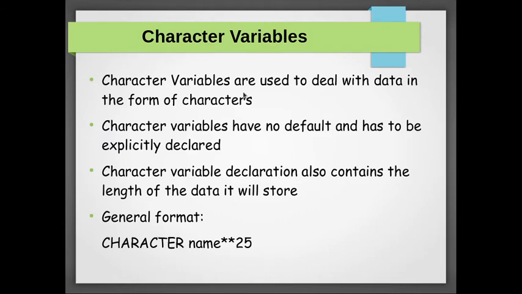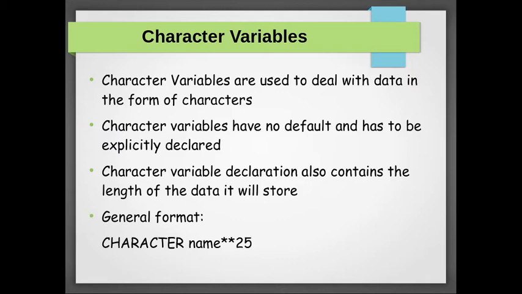Then character variables. Character variables are used to deal with data in the form of characters. Character means in the form of alphabets. We talked about character constants, if you remember. I need to write a program where I need to ask for the names of people. Names of people can't be in numeric form, that is obvious. So names will be in the form of alphabets. So this is character data that we are inputting, and this character data also needs to be stored.